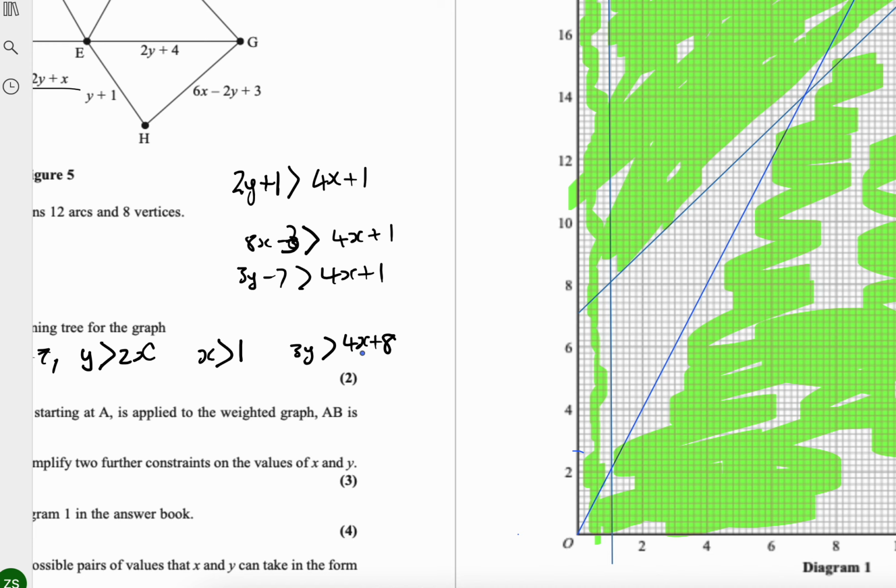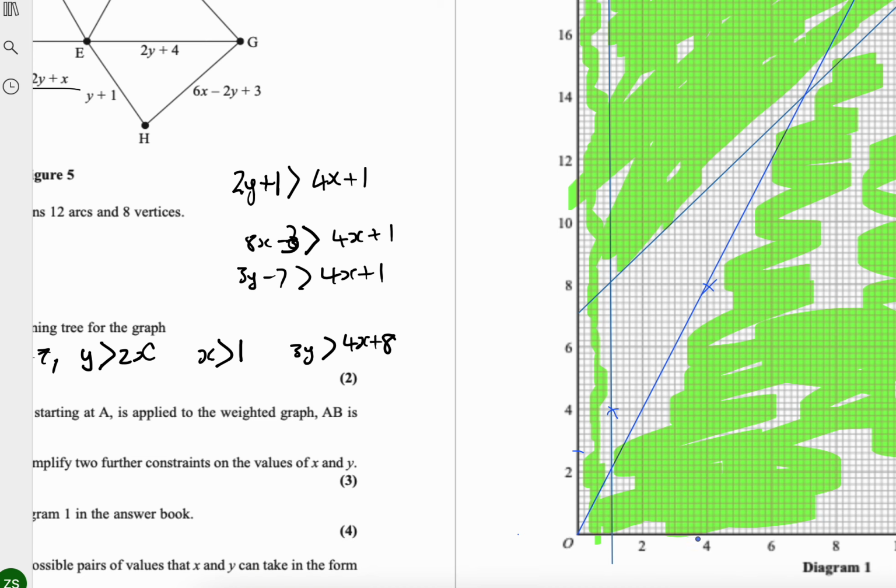When x equals 1, what's y? Oh, that's a good one. What's y? 4. So let's try when x equals 4. y is 8. 24 divided by 3, 8.